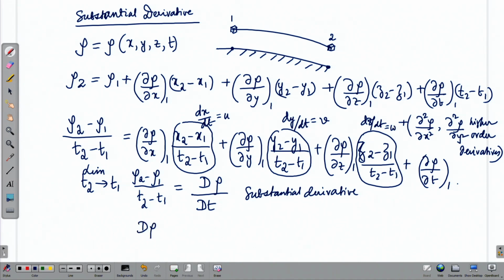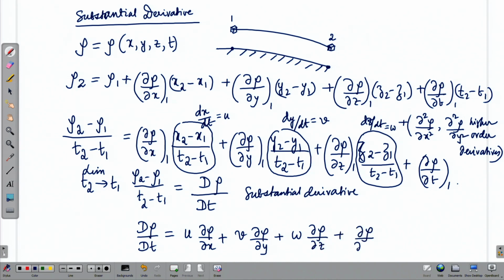Therefore, what do we have finally? We have capital D rho Dt equal to u del rho del x plus v del rho del y plus w del rho del z plus del rho del t. This last term is the local derivative, as we say, which means it is the change in density at that location, because of the fluctuations in the flow field.